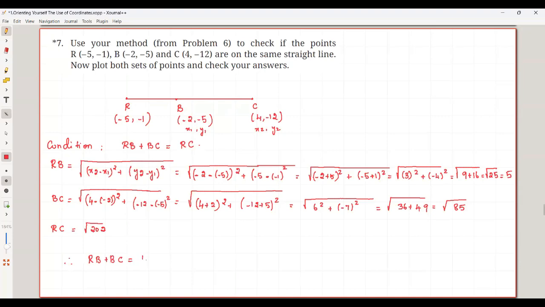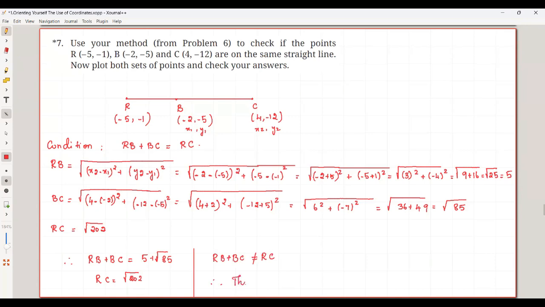RB is equal to 5 plus BC is equal to root 85. We cannot add further, right? Now RC is equal to root 202. So they are not equal. RB plus BC is not equal to RC.